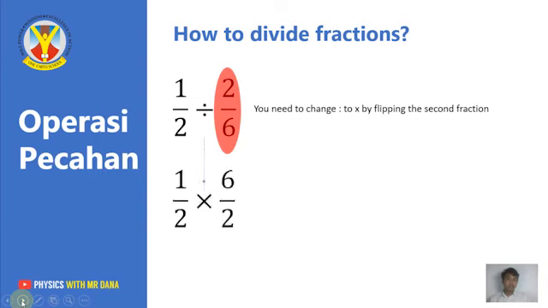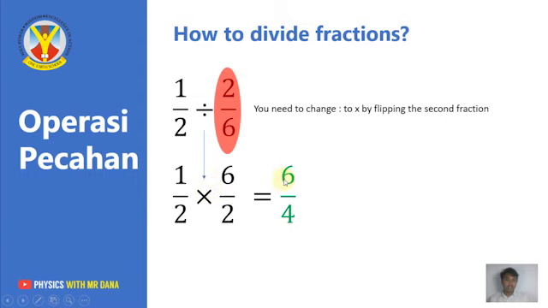And then, if you flip it, the divide sign will change to multiply. And this will be inverted: the original 2/6 now becomes 6/2. When this is flipped, the divide sign changes to a multiply sign. Now you have this to solve, which is easy for you. Just do like before. 1 times 6 is 6, and 2 times 2 is 4. So the final answer is 6/4.